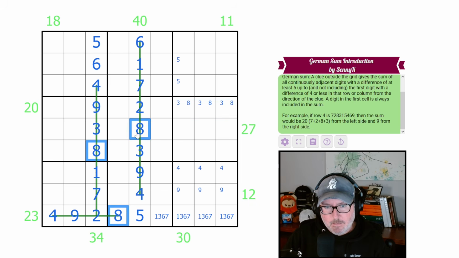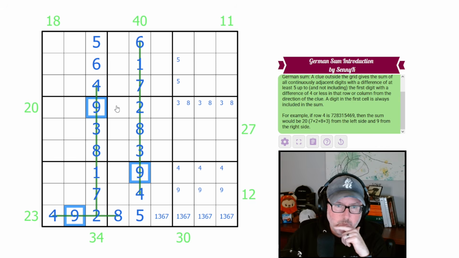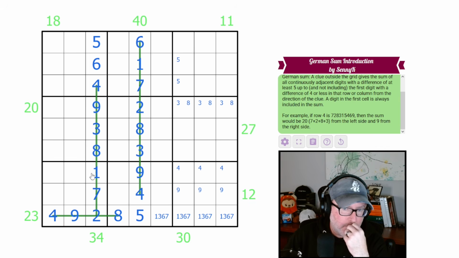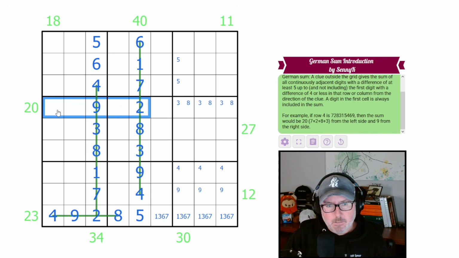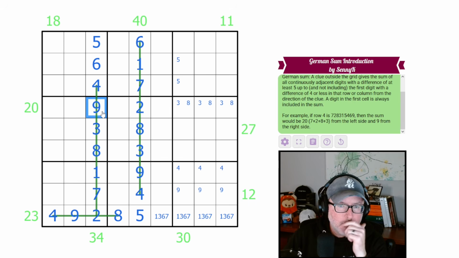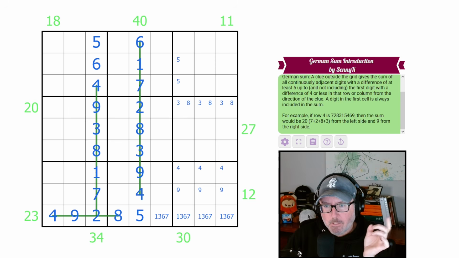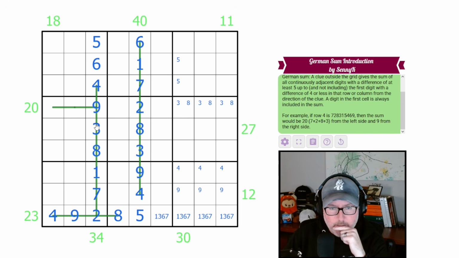But maybe the 8 does. That sort of a thing, because we have this 20 over here. So let's start thinking about these crossing patterns. Because this 20 has to, because we're going to be able to make some more lines here, essentially. It has to at least get to this 9, right?